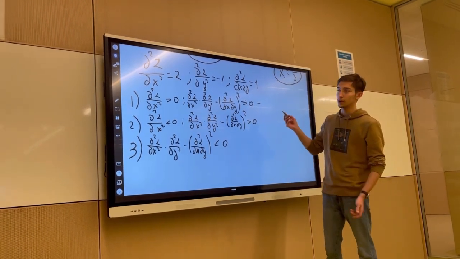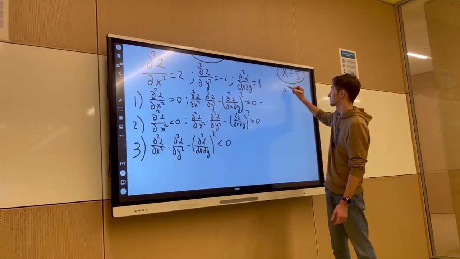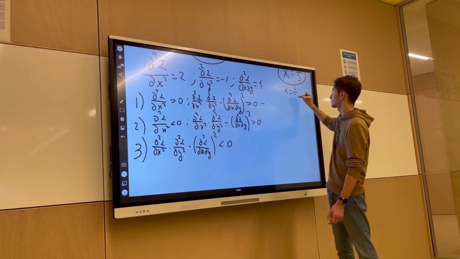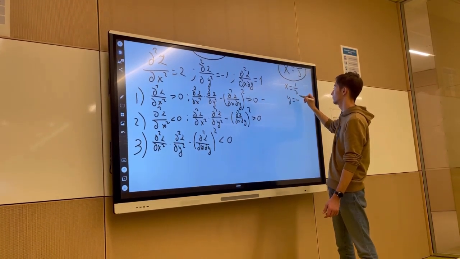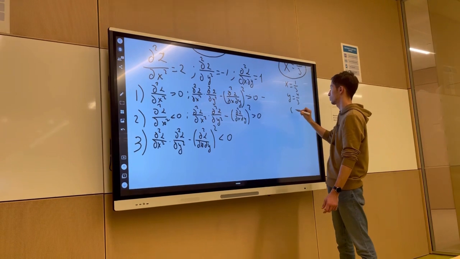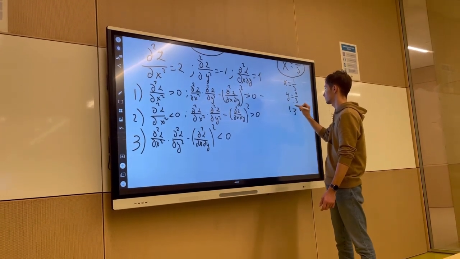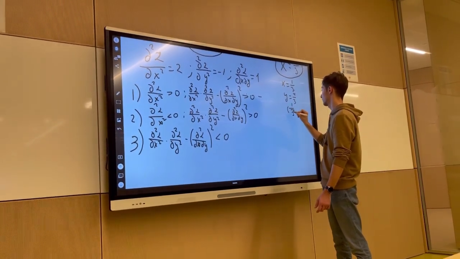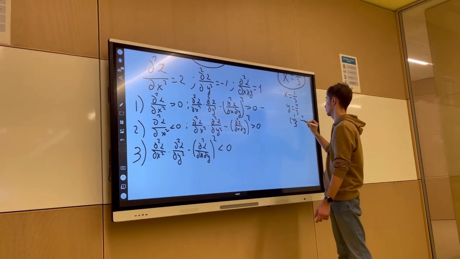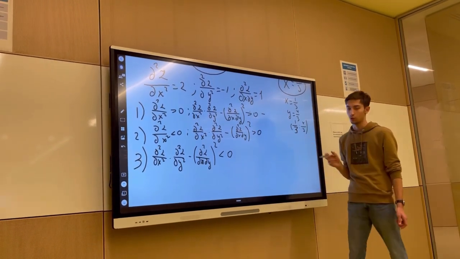We found the (a, b) because our x is 1 over 3, y is 4 over 3. It means our point is 1 over 3 and 4 over 3.